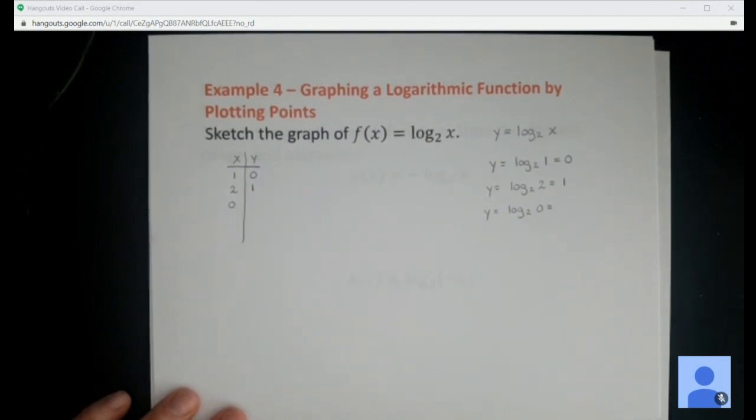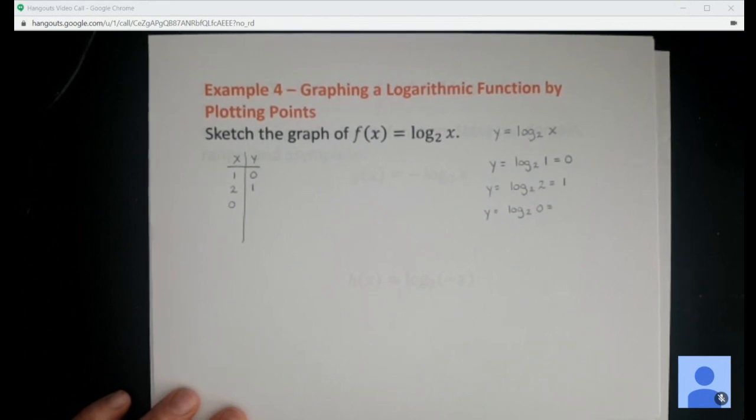What's the base 2 log of 0 going to do? Exactly.